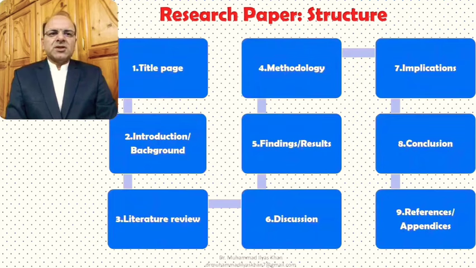This is the general structure of a research paper in social sciences, and generally these 9 parts are there in the general social science research paper, beginning with the title page, then followed by the introduction and background, and then the literature review, the methodology section, the findings and results section, the discussion section, the implications section, the conclusion, and references or appendices and acknowledgement section.